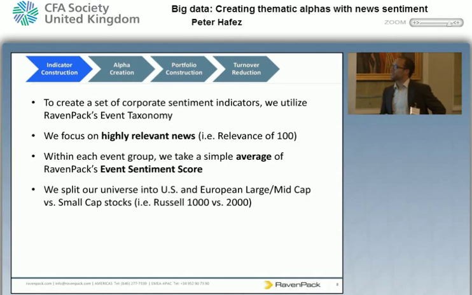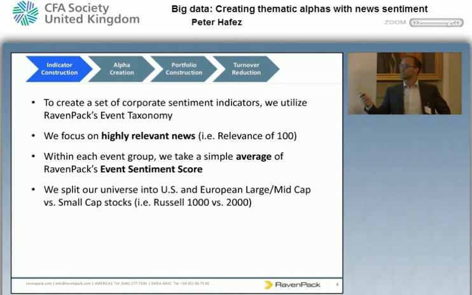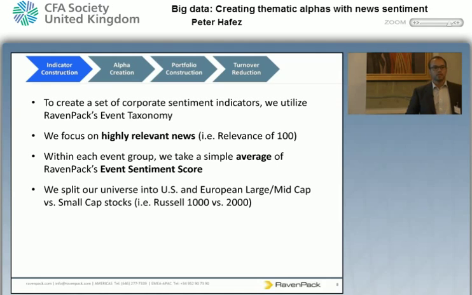And we also split our universe into US and European stocks, and not only into regions, but we also do it based on market capitalization. So we look at large cap versus small cap, or large mid cap. So we look at the Russell. For instance, for the US, we will distinguish between the Russell 2000 and the Russell 1000. And the reason is that you will see that news is incorporated faster into stock prices for US large cap than for US small cap.